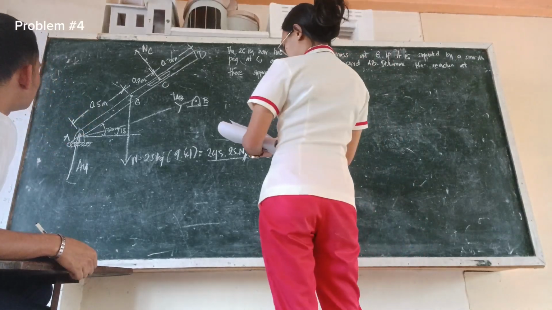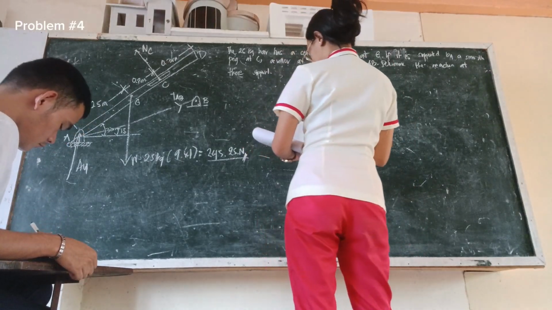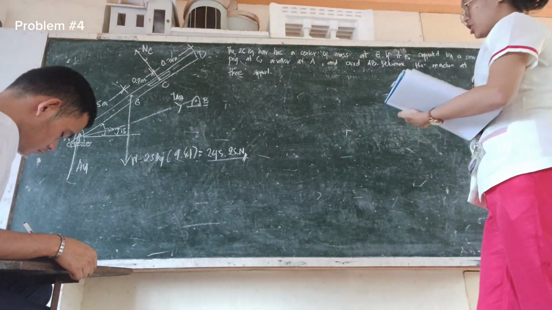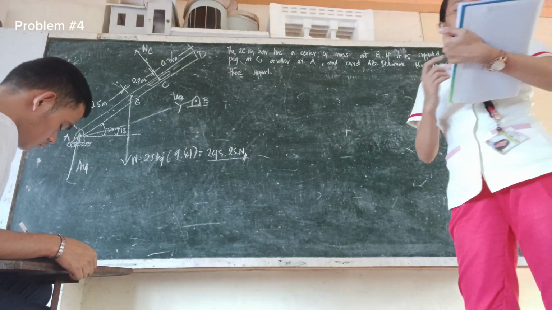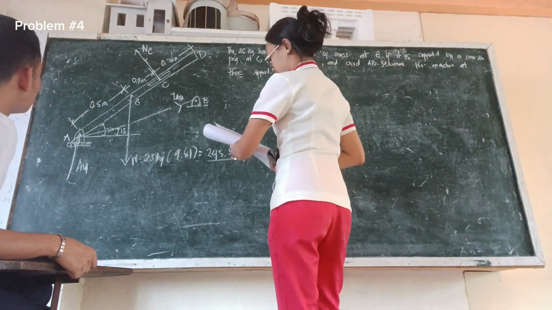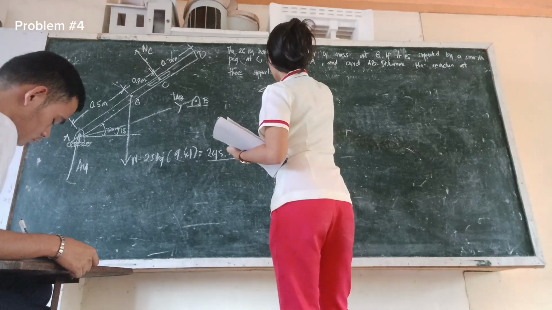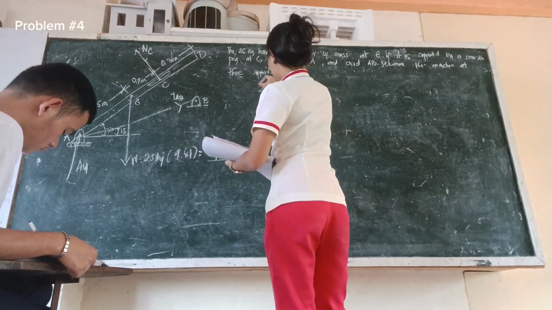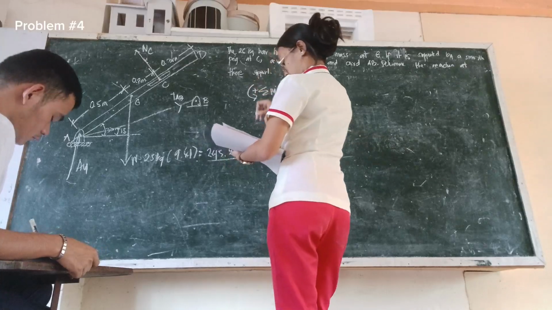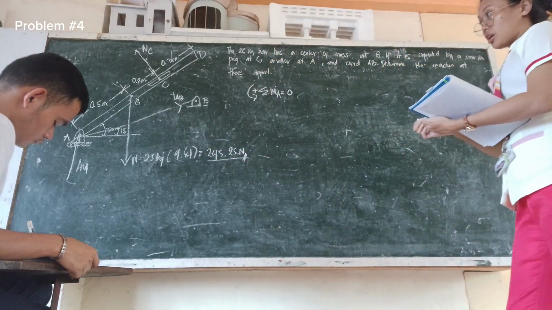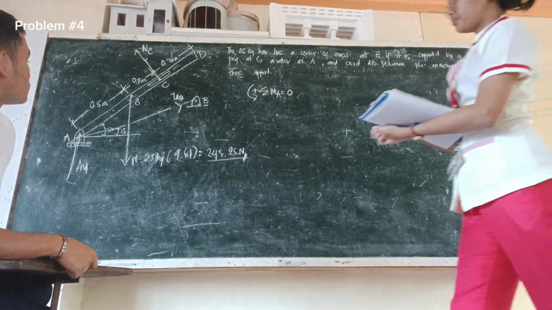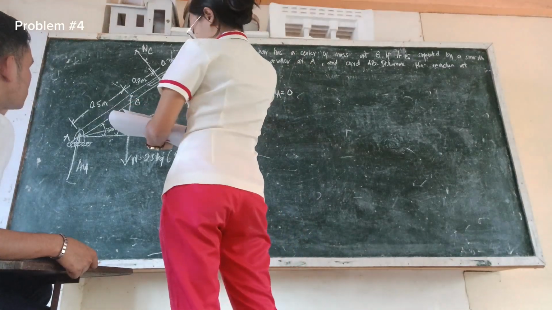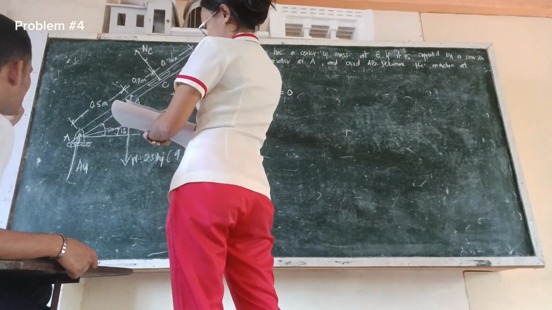To find the support reaction AX, let's see first the equilibrium equation, which is the summation of moment at point A equal to 0. The moment arm is the horizontal distance.